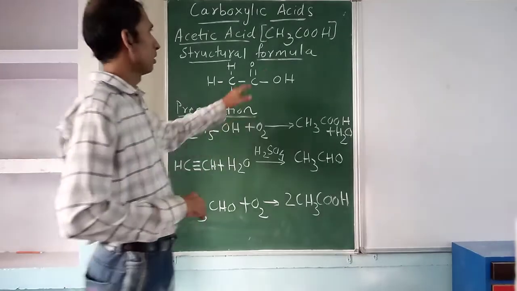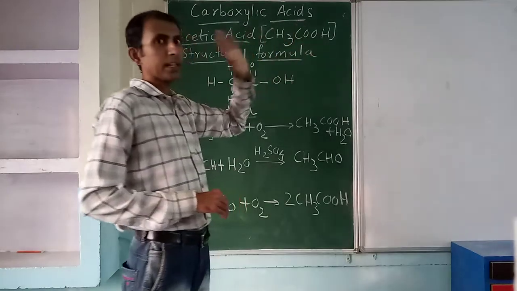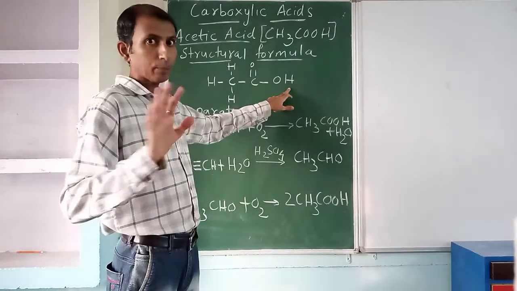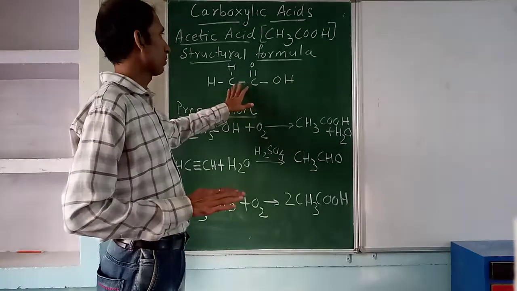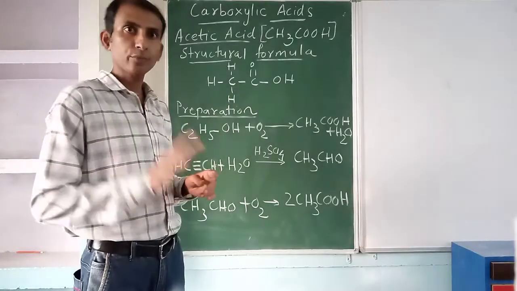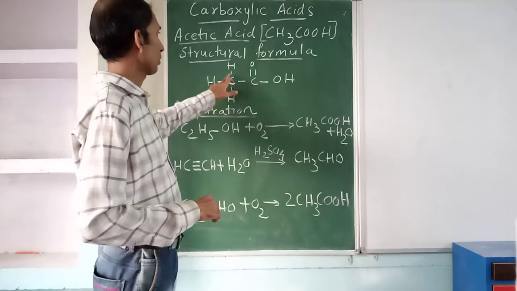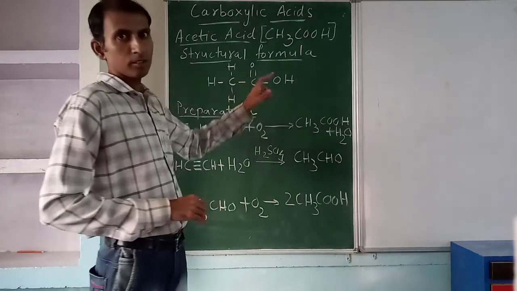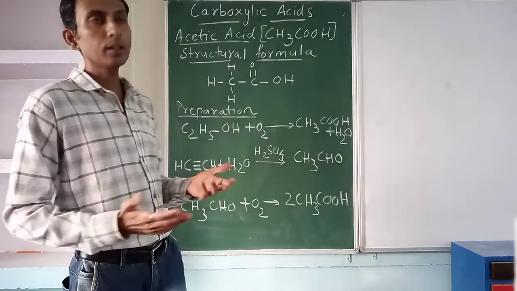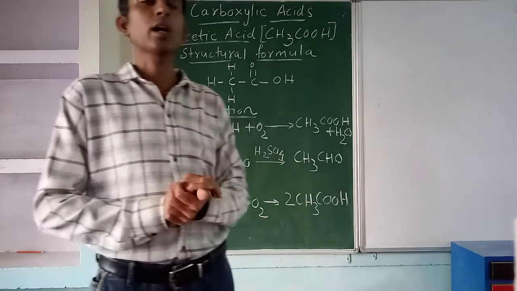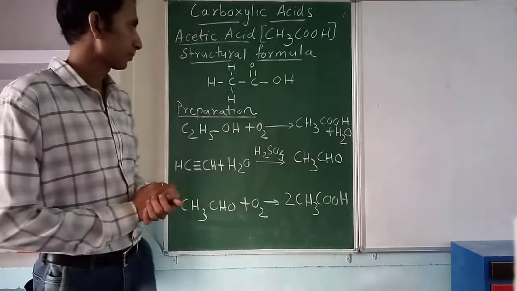Then COOH, how can we write? C double bond O, and OH. Keeping in mind everywhere that valency of the carbon is 4, means carbon should have 4 bonds. So here also carbon 1, 2, 3, 4 bonds. Here 1, 2, 3, 4. So very simple. We have to practice the structural formula for acetic acid.